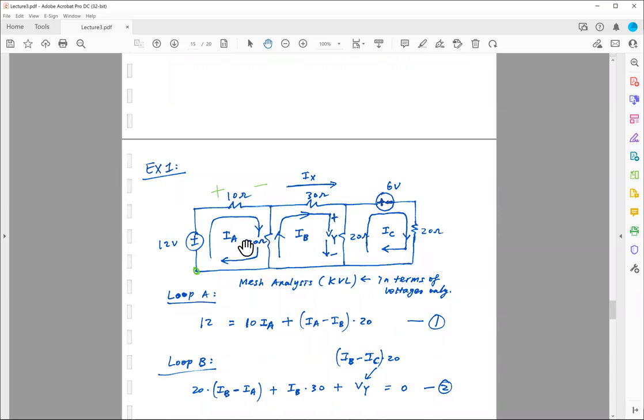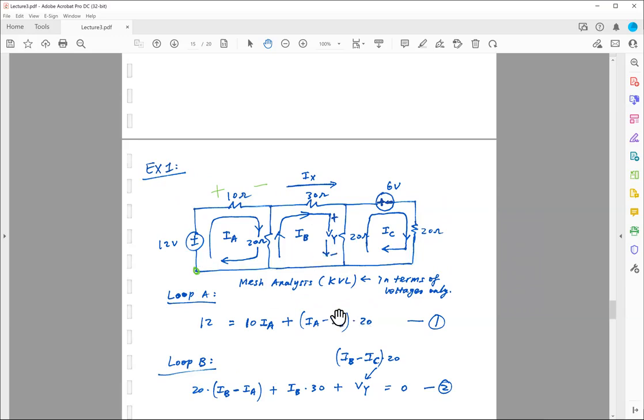And this net flow is the current that passes through this 20 ohm resistor, assuming that this loop current IA is more dominant than IB. Since IA is flowing down and IB is flowing up, there has to be some net current flow going through this 20 ohm resistor. This net current flow is going to be coming from IA.